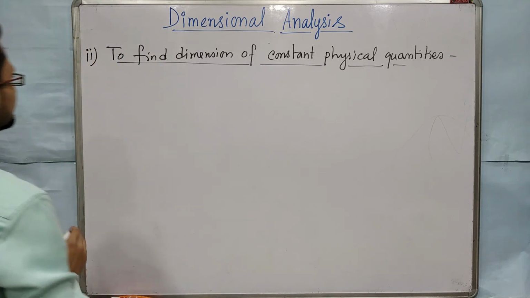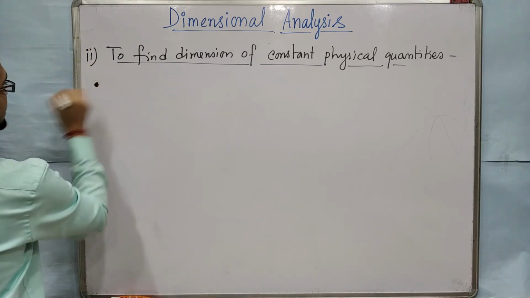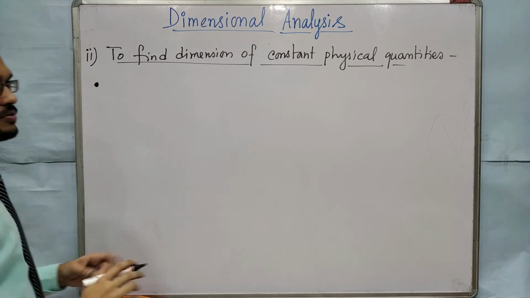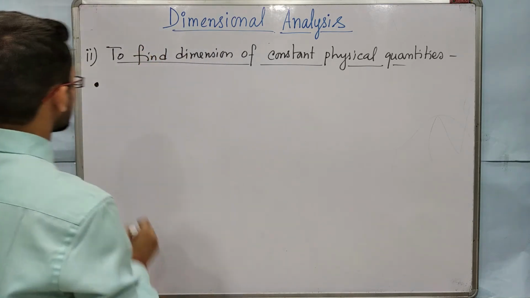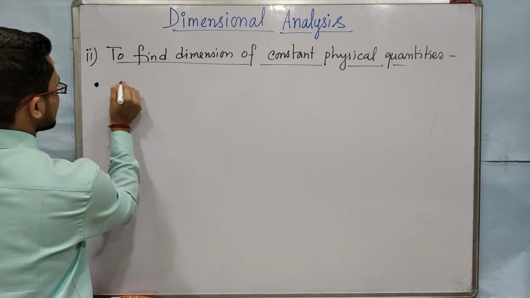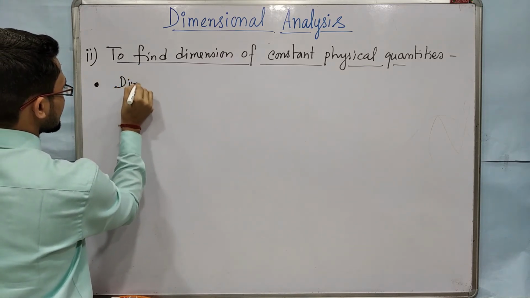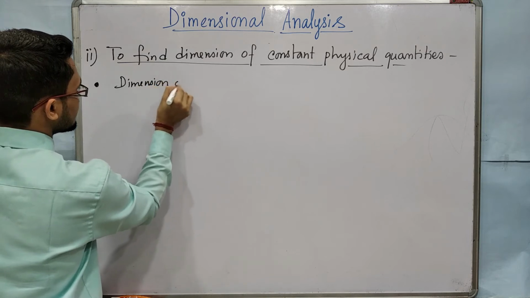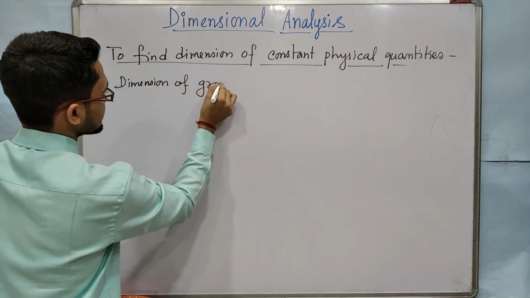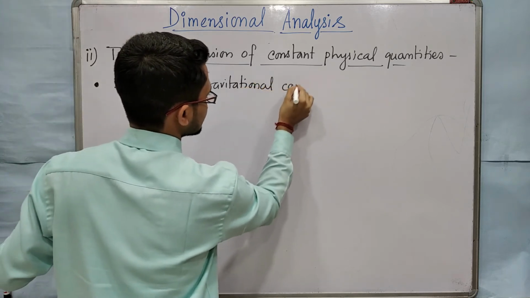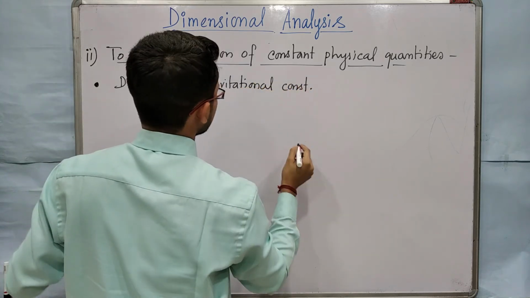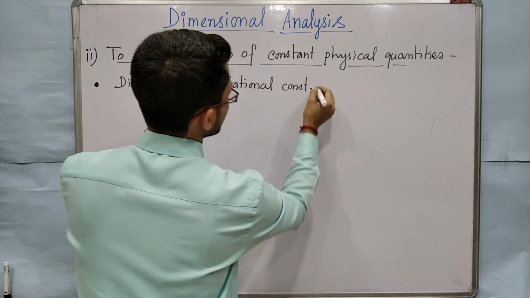I am giving a few examples. Suppose you are asked to find the dimension of the gravitational constant. This thing you have read in class 9, that there is the gravitational constant.